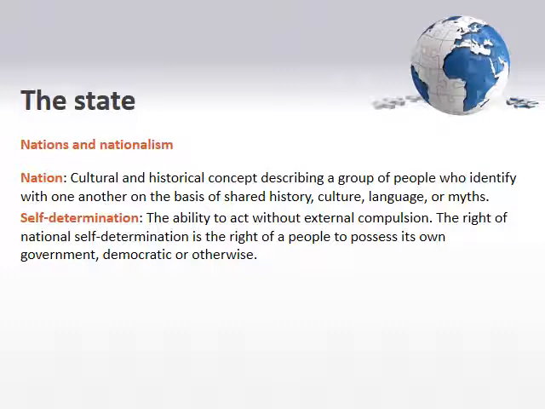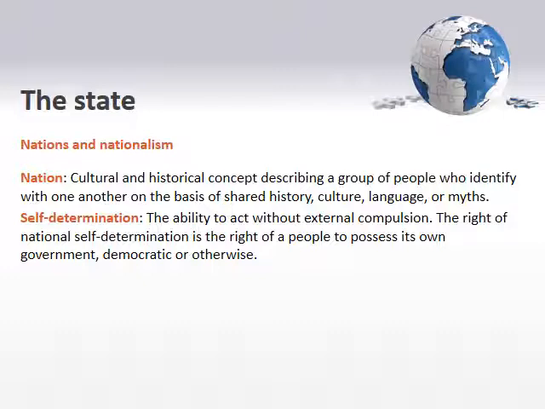Well, the concept of nationalism is that it's a glorification of the nation. In many cases it could be in cultural terms, it could be in racial terms, and sometimes this is used as justification to create one's own state or to conquer the states of others and expand the state.